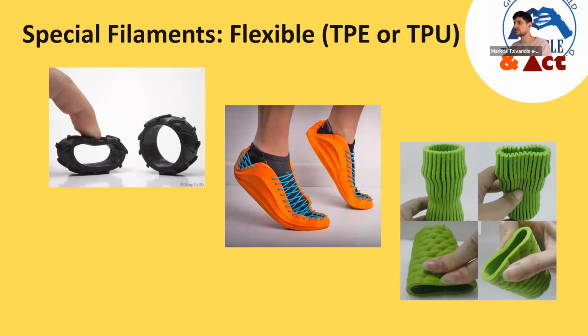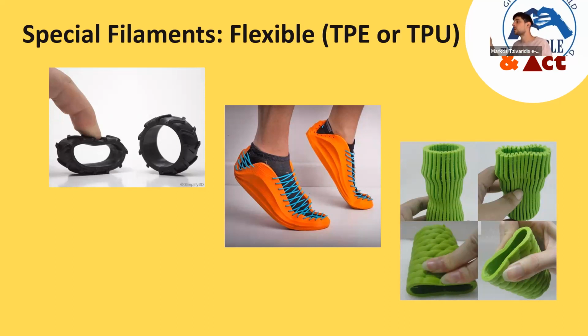Now, as the name suggests, this material is elastic in nature, allowing the plastic to be stretched and flexed easily. For example, some filaments can be partially flexible, like a car tire, but others can be elastic and fully flexible, like a rubber band.